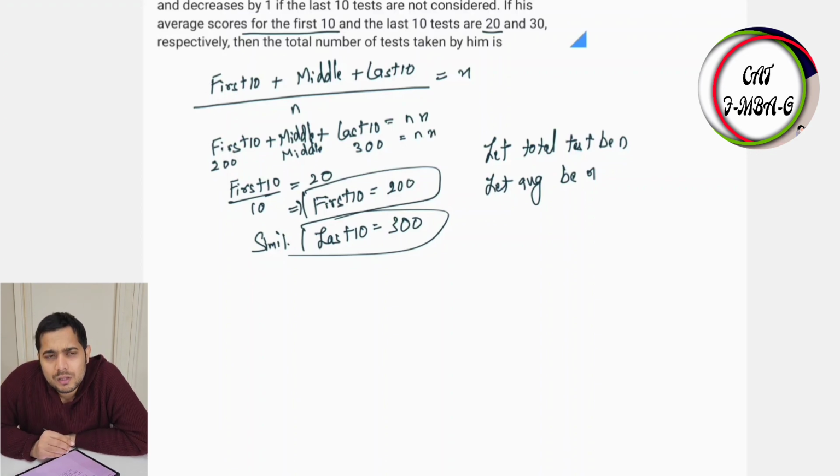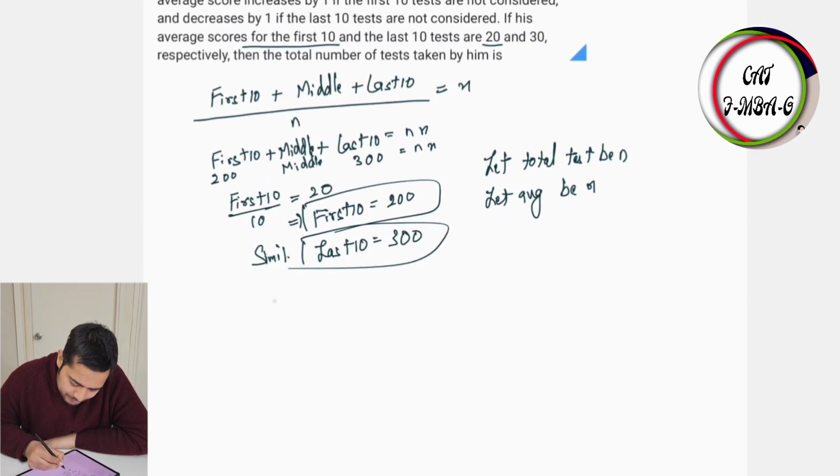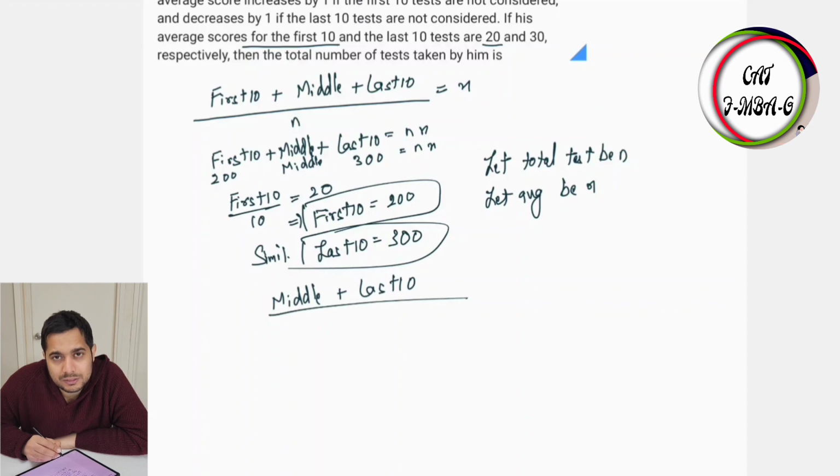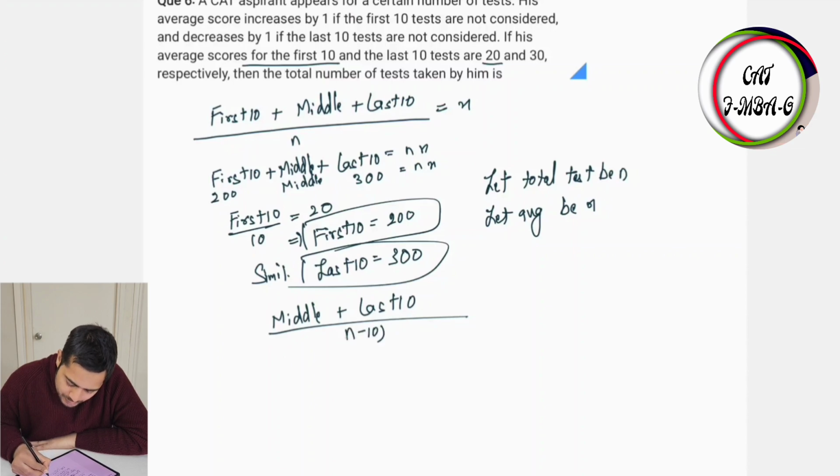Simple. Also it is given that if the first 10 are not included, then the average increases by 1. So middle plus last 10, divided by, now the first 10 are not included, so the total number of tests is n minus 10 now. Average is increased by 1, x plus 1.